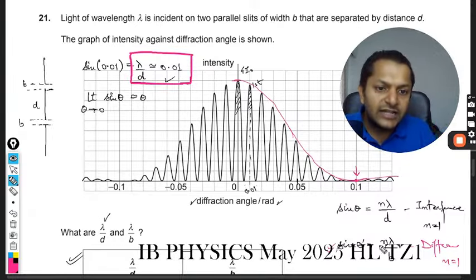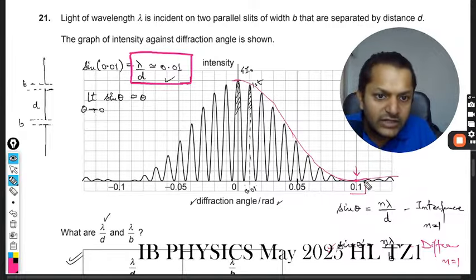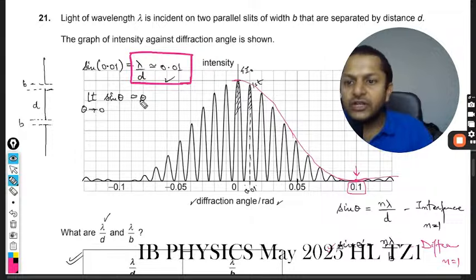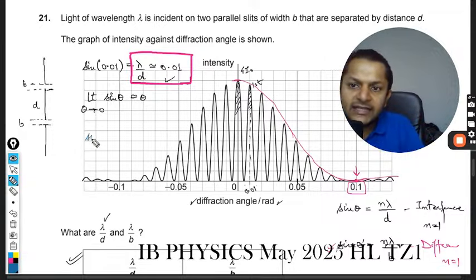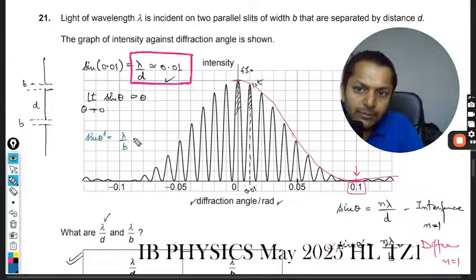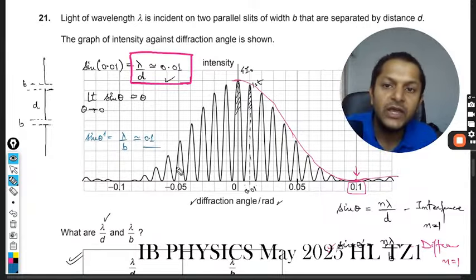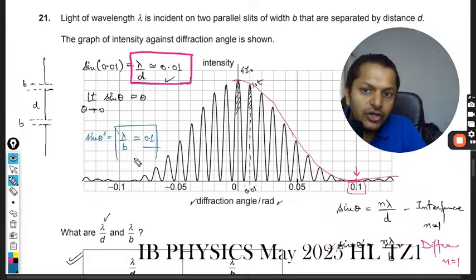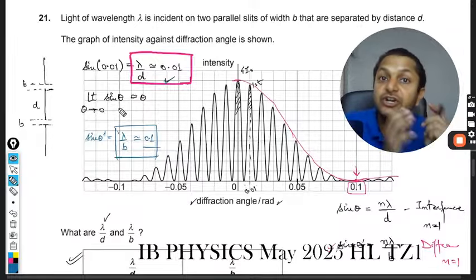So sine theta dash is equal to n lambda by b, n is taken as 1. We have to see what the angle is here. It is 0.1. So in a similar fashion, I can write sine theta dash is equal to lambda by b, and this theta dash will be equal to 0.1, which can be approximated to 0.1. So for the diffraction, your answer will be 0.1, and for the interference, it will be 0.01.